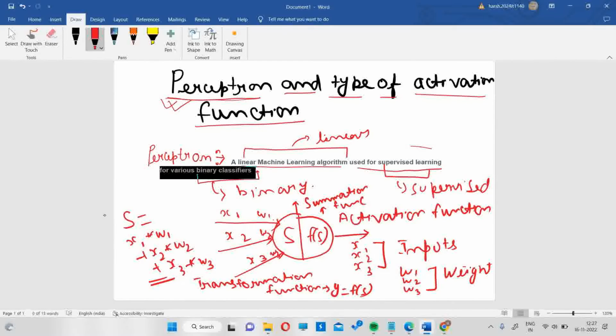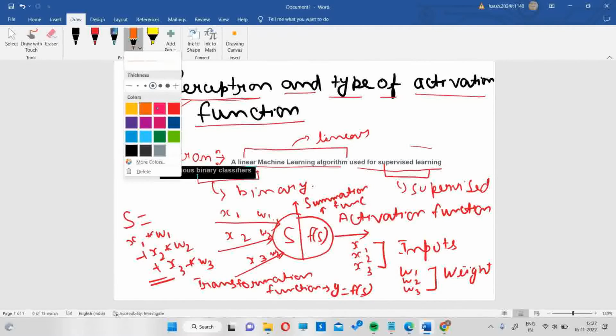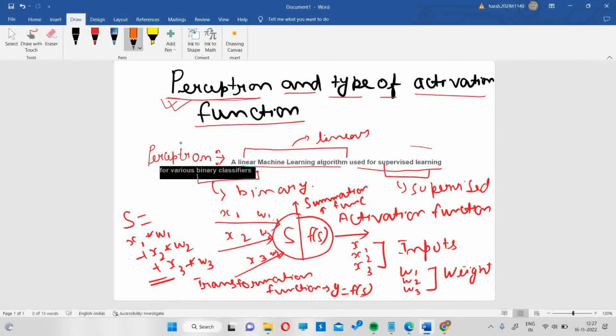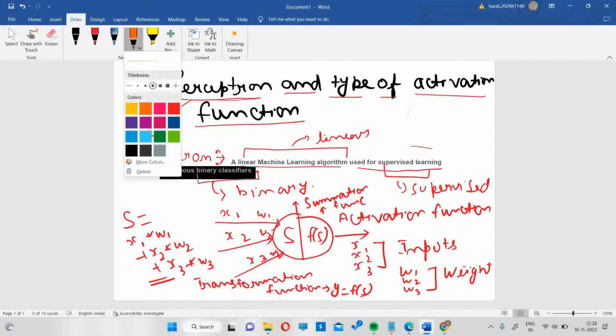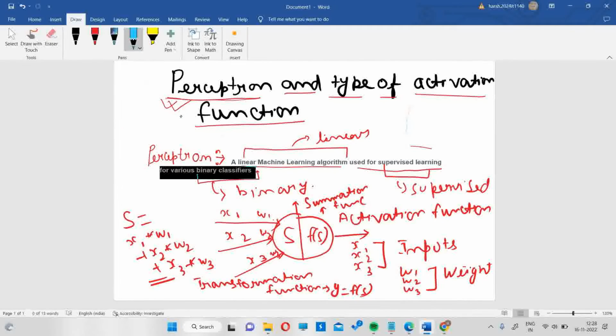now a very important thing to be noted, and I am again repeating it, it is a very important thing to note. So I will change the color and I will write it here.